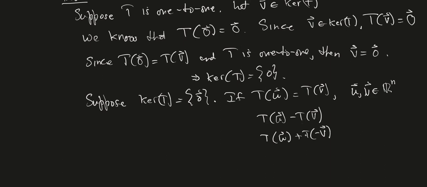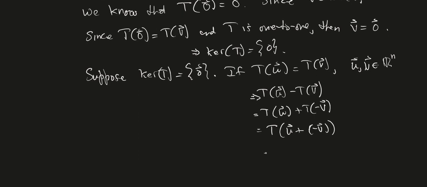Now there's a property about vector addition where it doesn't matter if you add after you've done the transform or before. So this is T of u plus -v, which I will write as T of u minus T of v.